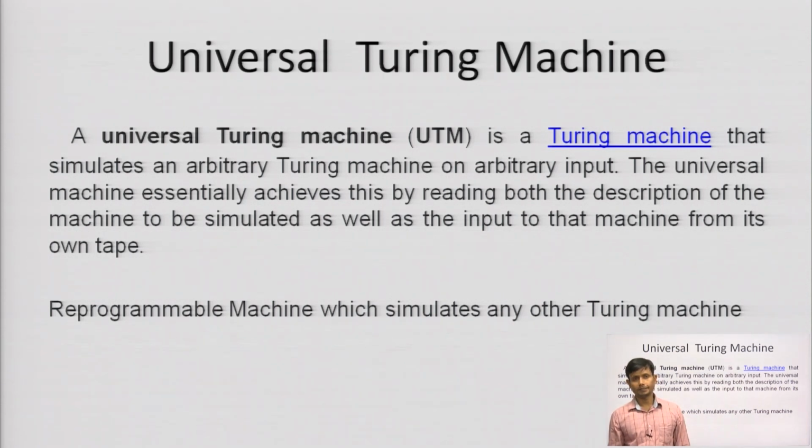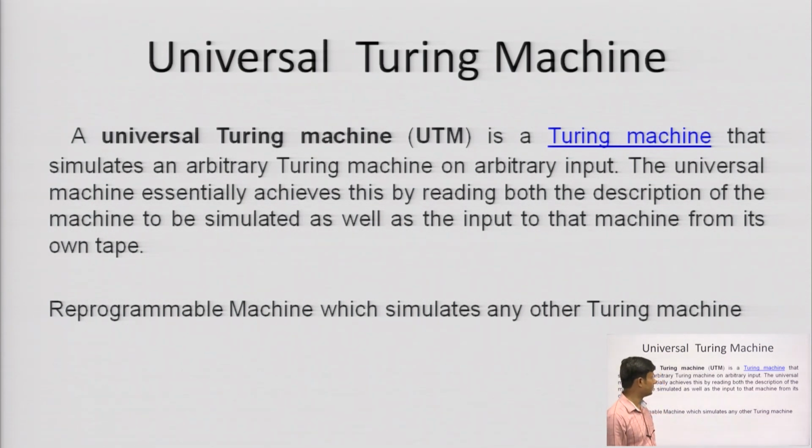The universal machine essentially achieves this by reading both the description of the machine to be simulated as well as the input to that machine from its own tape. So, the main definition is a programmable machine which simulates any other Turing machine.